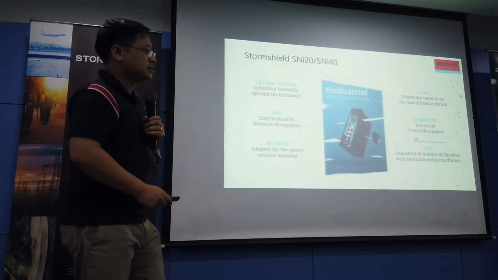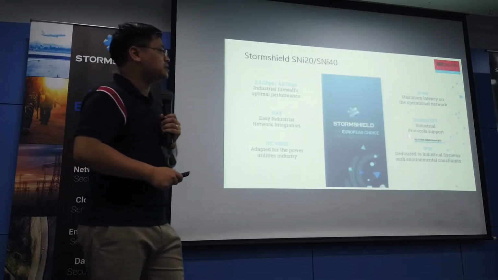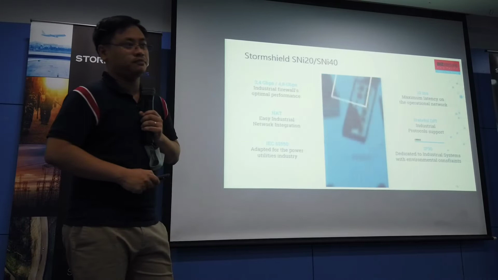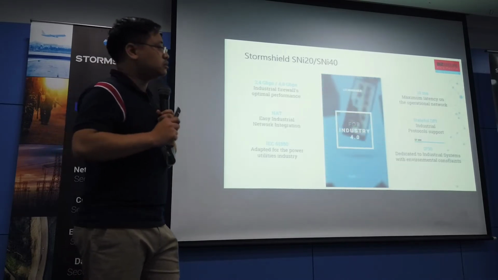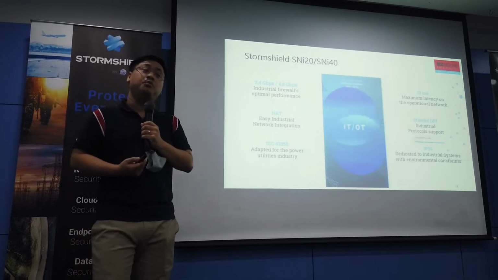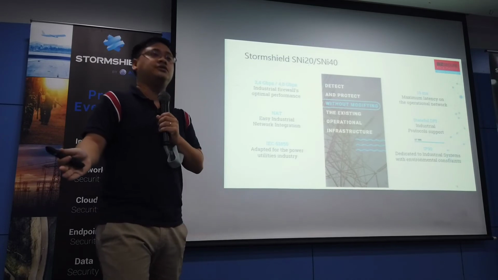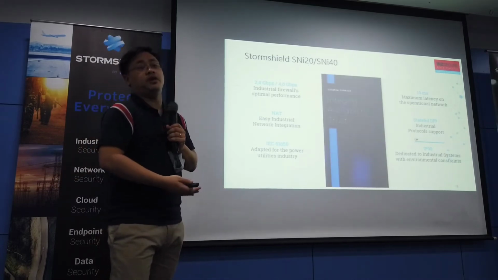What you have inside, and it's going to be very important for the rest of the presentation, is a stateful DPI on industrial protocols. It's very important because this is the main difference between Stormshield and other types of firewalls.